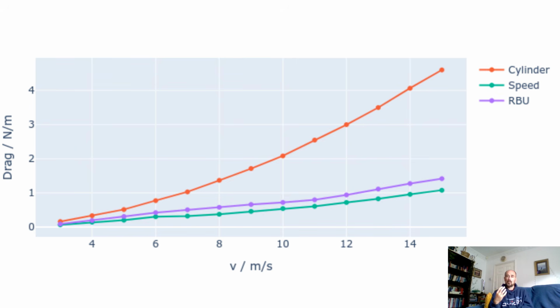Now looking at this force data, it's good data. You can see that obviously the force increases as you go faster, which is obvious. It increases roughly with the square of speed, but not exactly with the square of speed, which is because the drag coefficient isn't a constant.